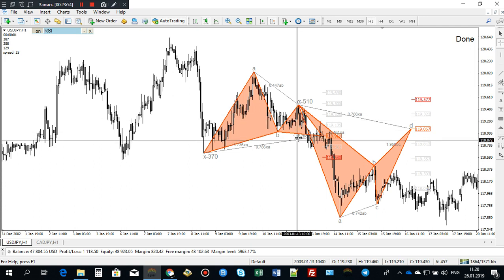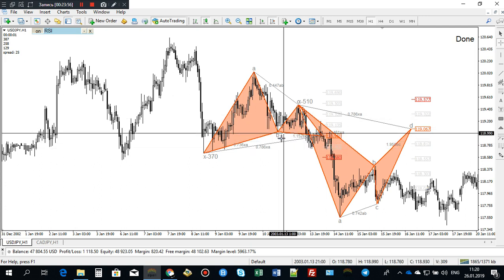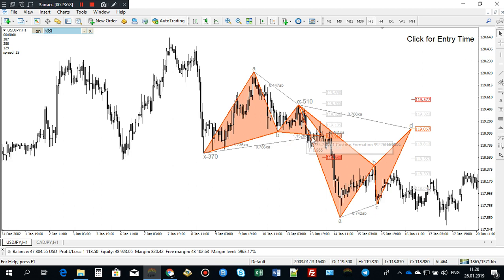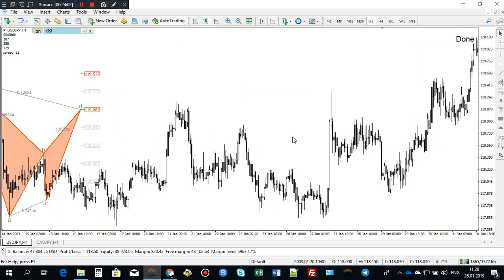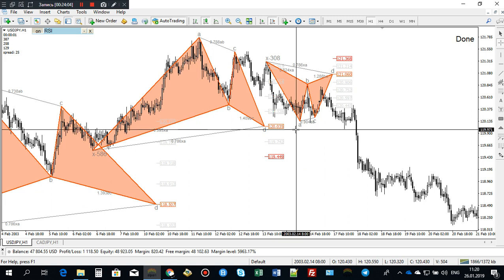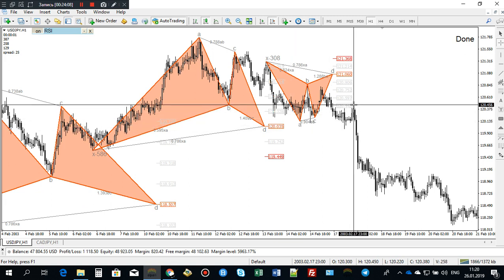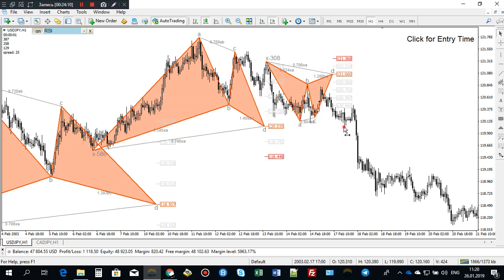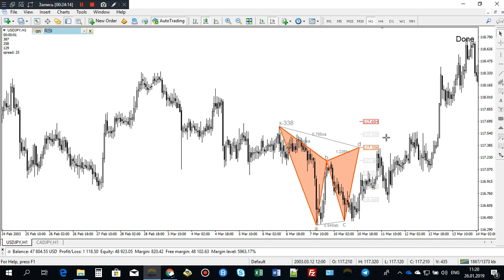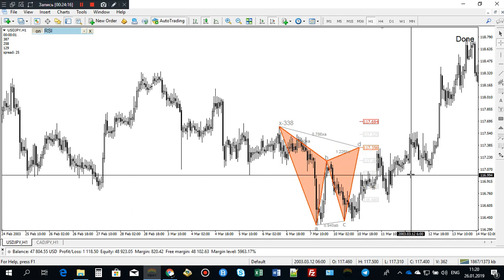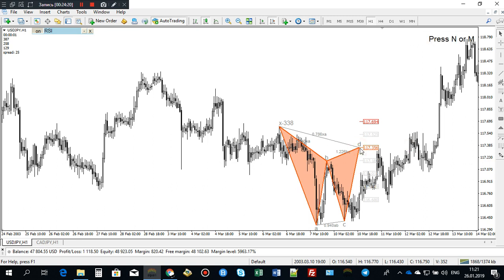Moving further, didn't hit the target, so we just type time price and it is a loss. This one triggered here, we had a bounce to the upside, didn't hit target, so it is time price loss. Nothing, didn't hit target, so it is time price loss.